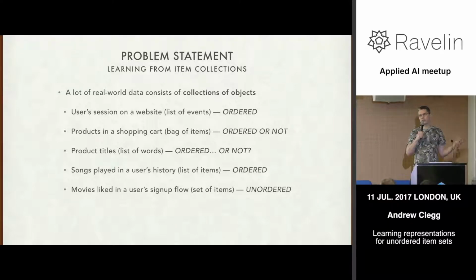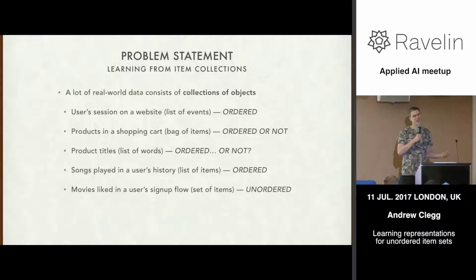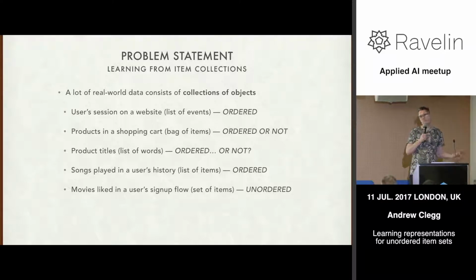Maybe all you have is the order that those items went through the till at checkout time, and not necessarily the order that they added them to their physical cart as they go around the shop. And even if you did know the order they added them to their physical cart, that probably isn't that useful from a recommendations point of view, or for targeted marketing or whatever.